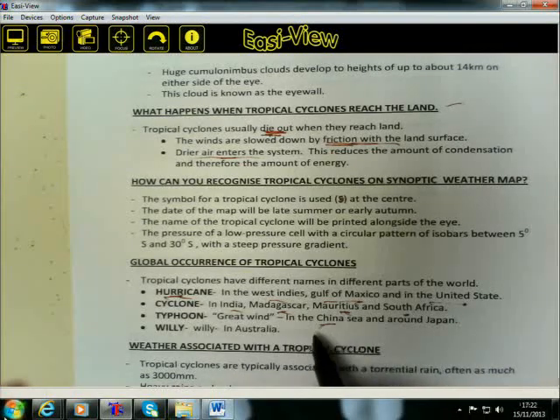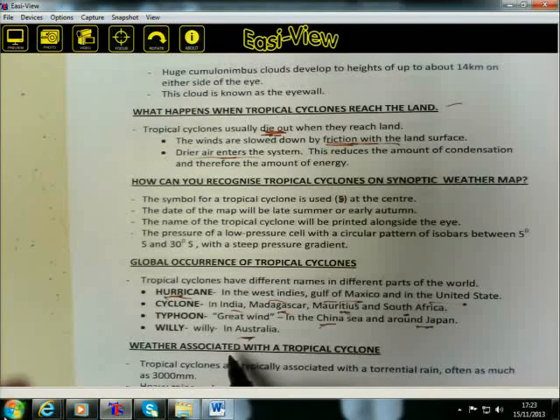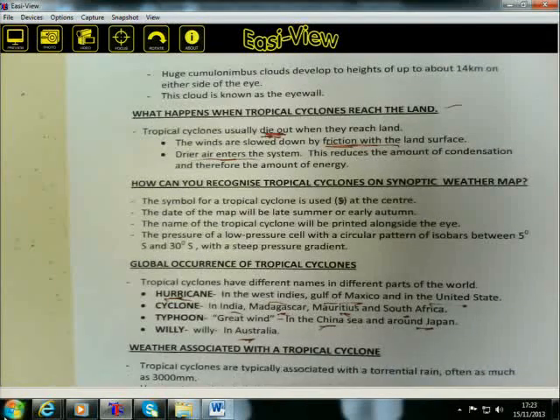In China and around Japan, they call it a great wind, the typhoon. Look at Australia. They call it willy willy. It doesn't mean we are talking about different systems. No, it's the same system, but different names in different parts of the world.